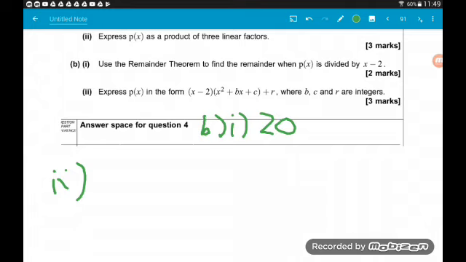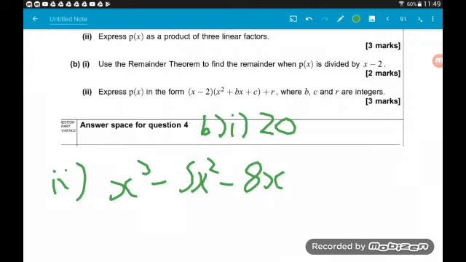Now, let's write out the polynomial first of all. So, it's x cubed minus 5x squared minus 8x plus 48.